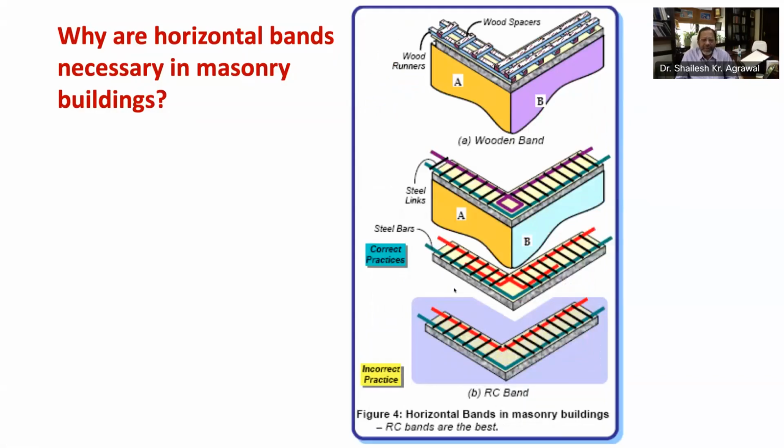As far as detailing of these bands are concerned, the straight length of the band must be properly connected at wall corners. This will allow the band to support walls loaded in weak directions by walls loaded in their strong direction.